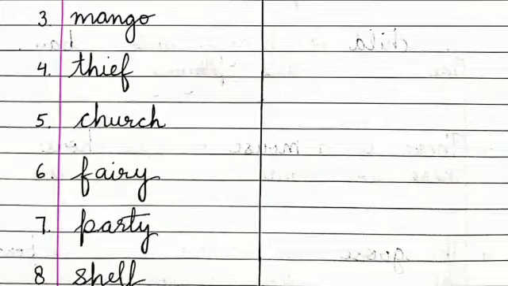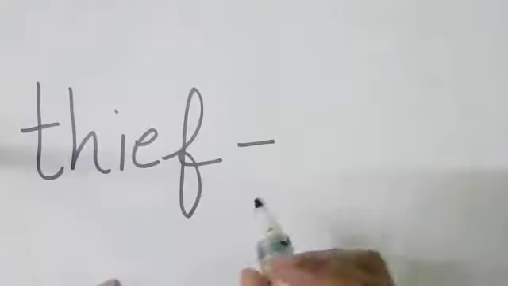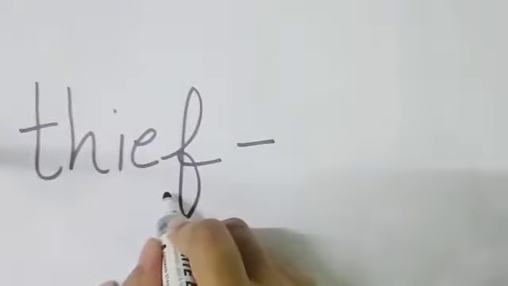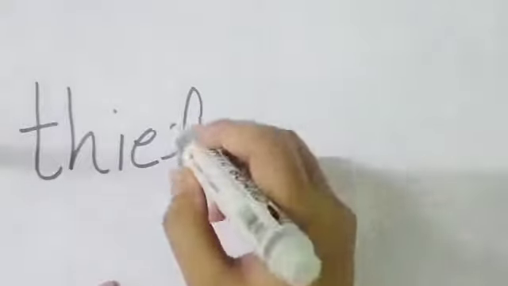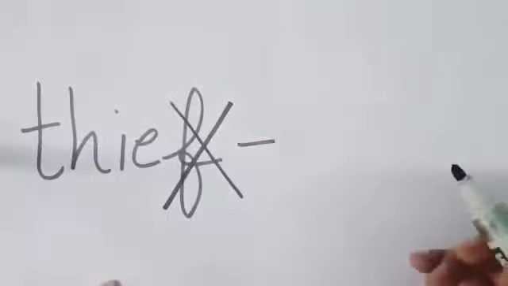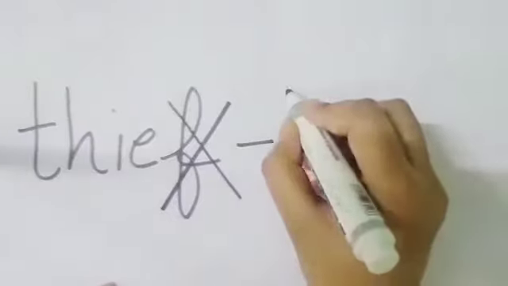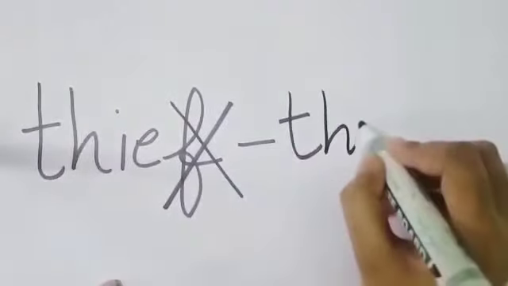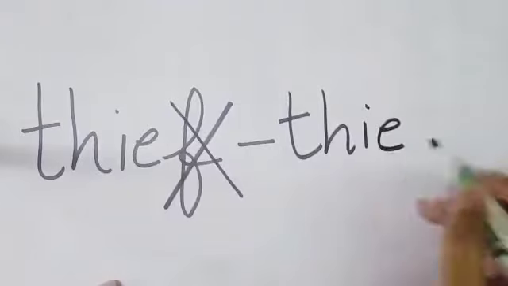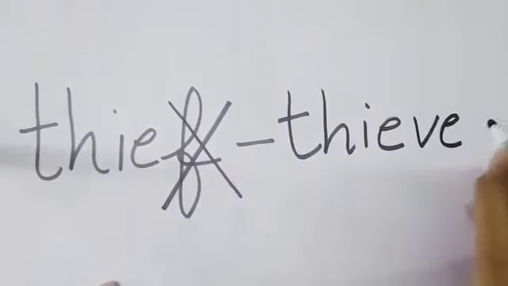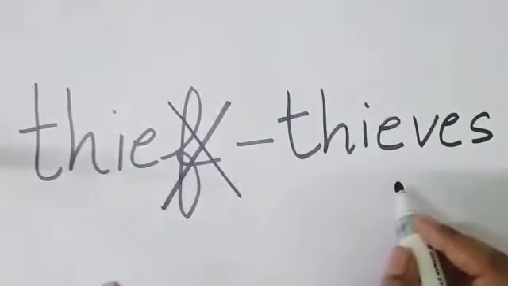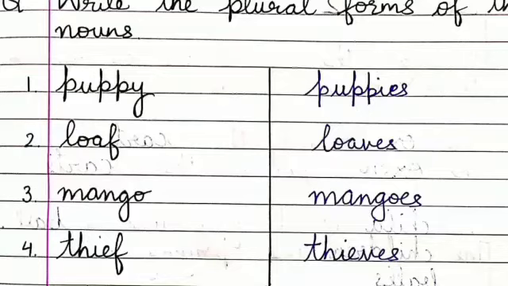Number 4 is thief. Now we'll see the plural form of thief. Children, in the spelling of thief, F is given. As I have already told you, if F is coming in the singular noun, you are going to remove it to make it a plural noun. So thief will be T-H-I-E, and we are going to add VES in place of F to make it a plural noun. So thief will be thieves.